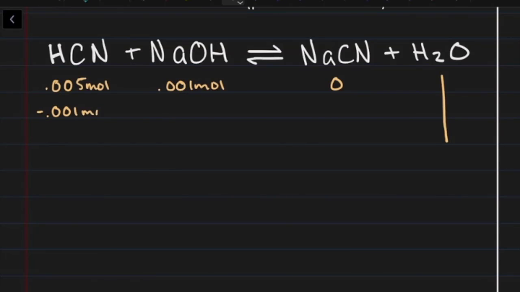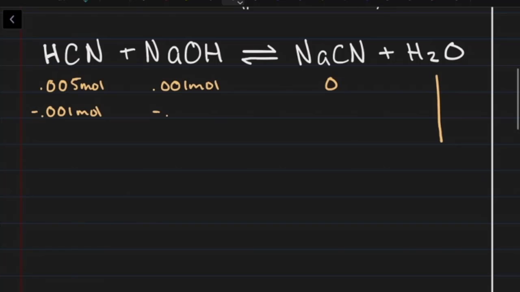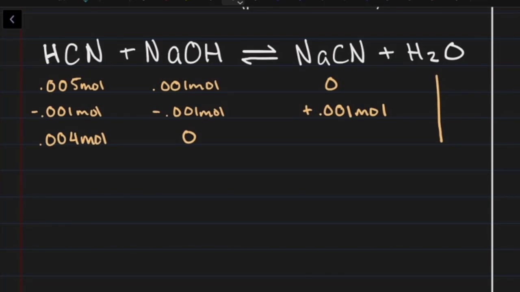So that will be our 0.001 moles, subtract them from both the reactants, and add them to our product. So at the end, we'll have 0.004 moles of HCN, none of our NaOH, but we will have CN minus that we've created.